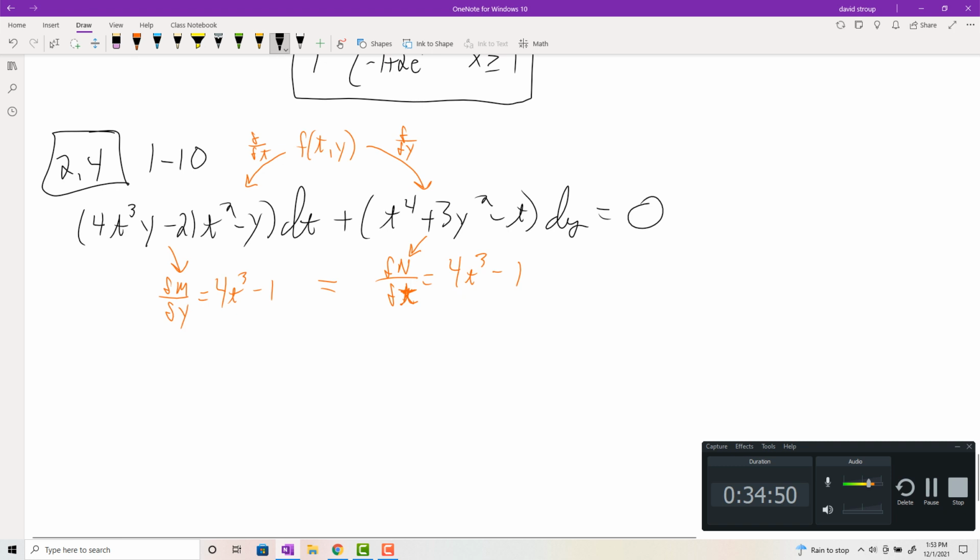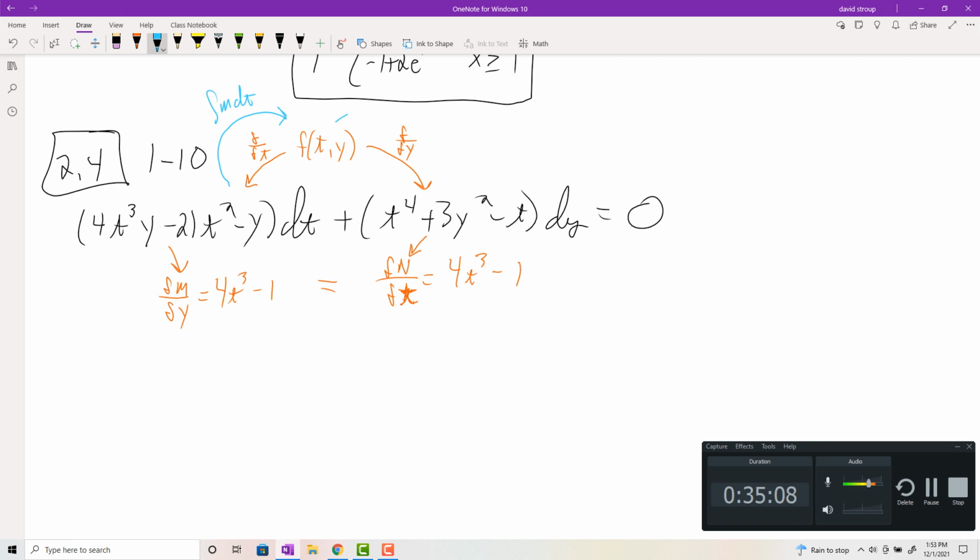So if that works, then in order to retrieve this thing they call a potential function, what you need to do is integrate M with respect to t.